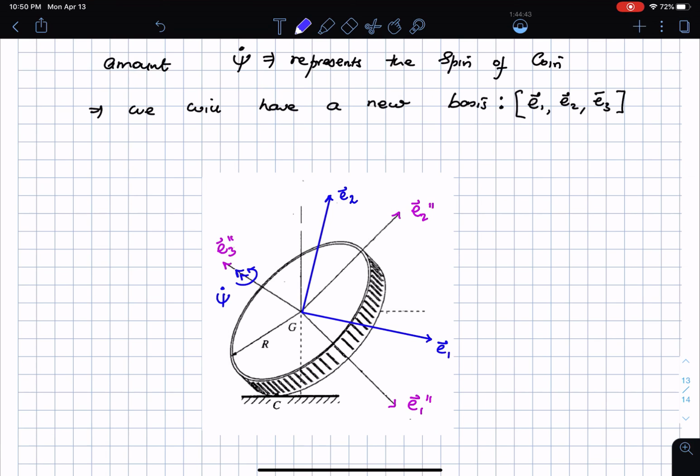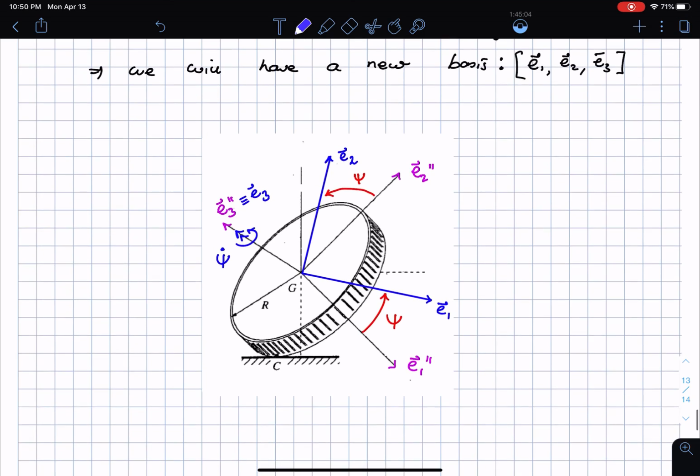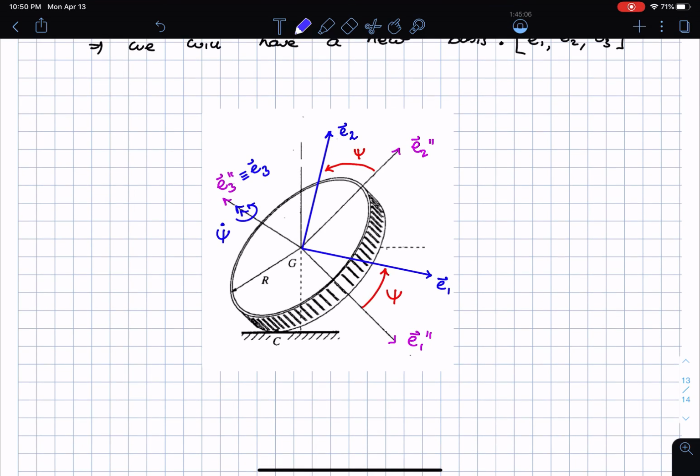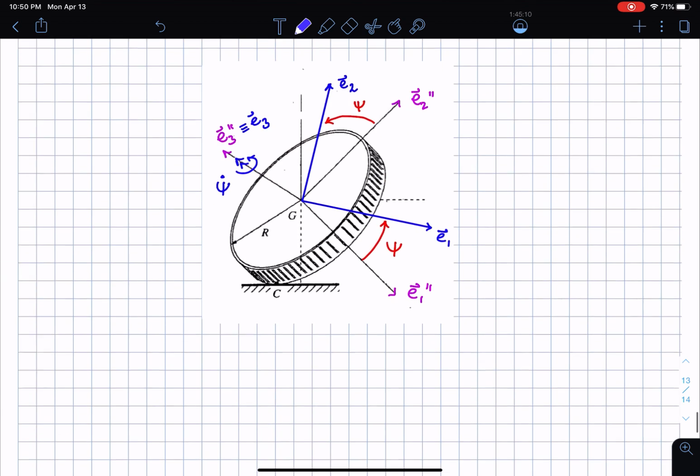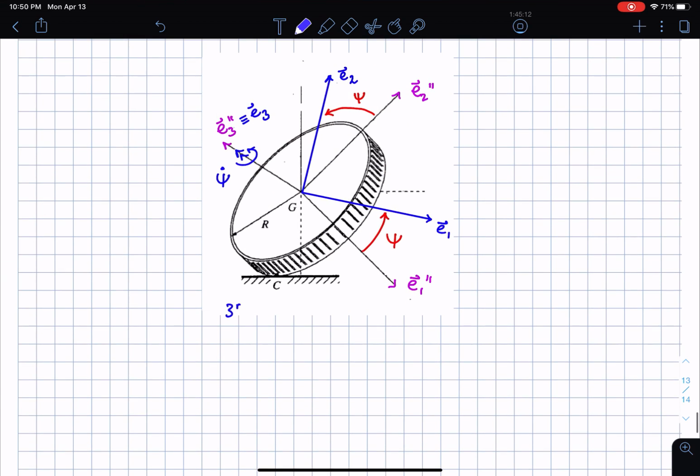And look at this angle, which is going to be labeled here, is going to be the angle psi. Okay, and so this essentially implies that E3 double prime is the same as E3. And so this is the third rotation in the sequence. Okay, so the first one was here, this is the second in the sequence, this is the third sequence.